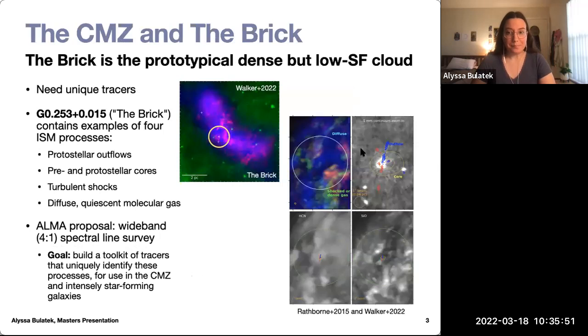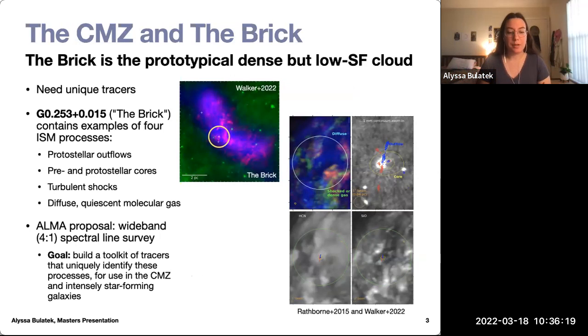So that's a bummer. How do we trace these processes to find star formation in extreme environments if we can't use traditional tracers? The answer is that we need unique alternative tracers that we are able to apply in these environments in particular. One way we can find these tracers is to target a region of ongoing star formation within an extreme environment and look for molecules that work as tracers there.